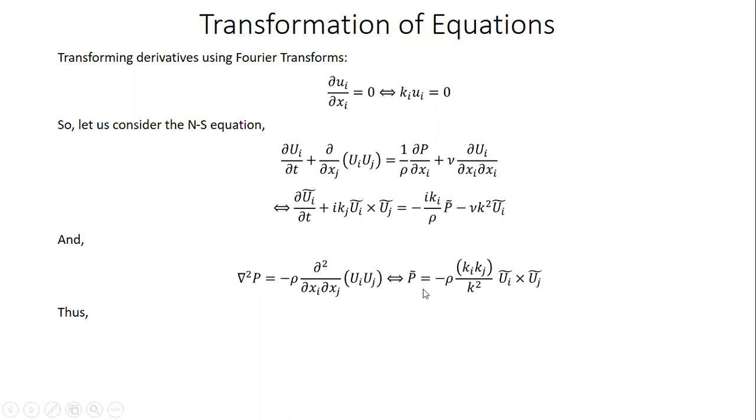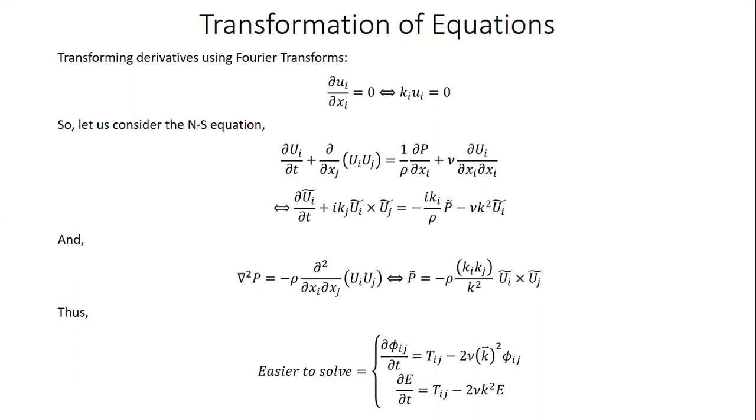So basically, in Fourier space, when you combine the Navier-Stokes equation and the continuity equation, you will come to the following set of equations. This matrix T is like a counterpart of the stress tensor. I don't want to write many formulas here.